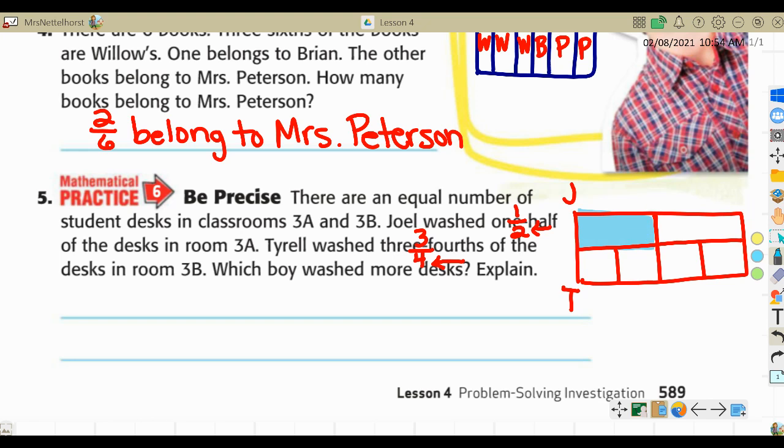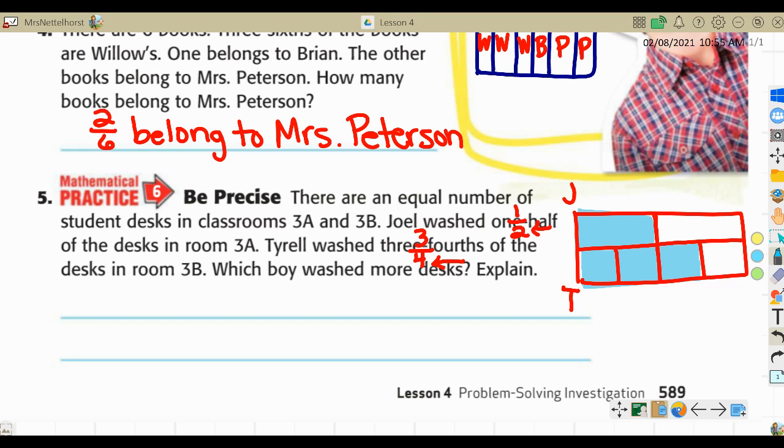Okay, Tyrell washed 3/4. So I'm going to color in 1, 2, 3 out of 4. So when I compare these, I can see that Tyrell's blue part is bigger than Joel's blue part. So Tyrell washed more desks.